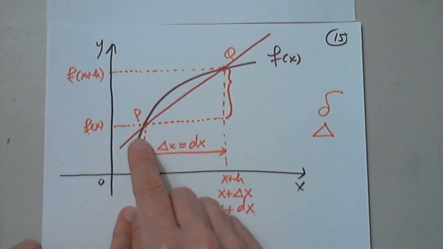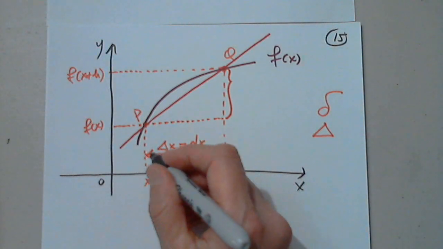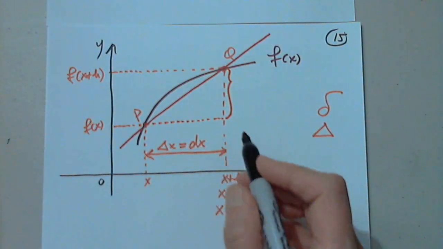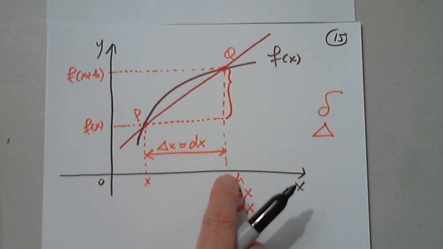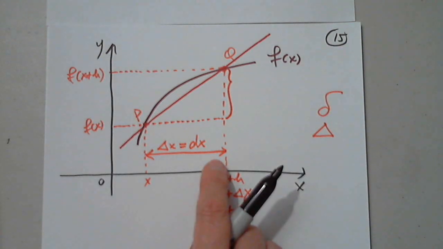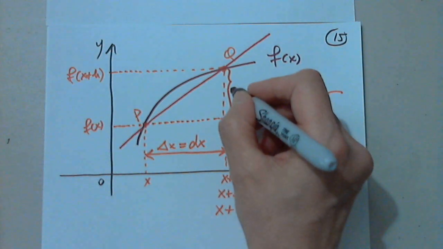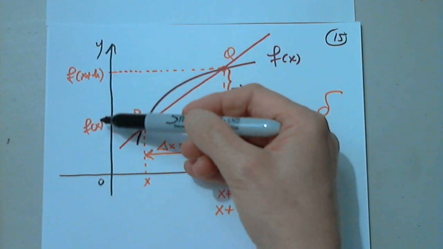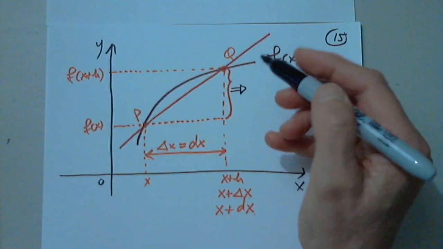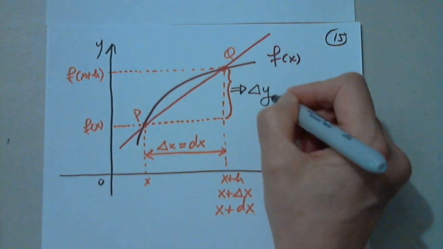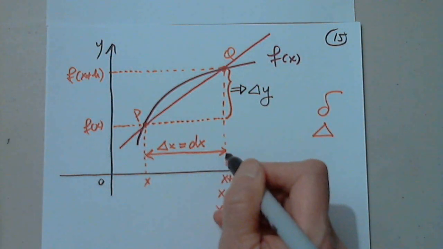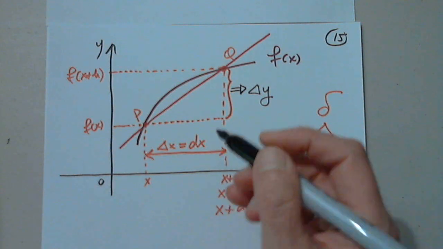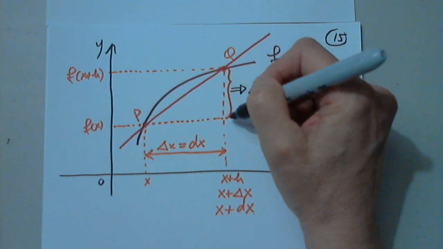They're not the same. This distance is created by delta x or dx, tiny error. But of course, that will trigger a difference in the y values. So this is the delta y. A small change in x creates a small change in y.